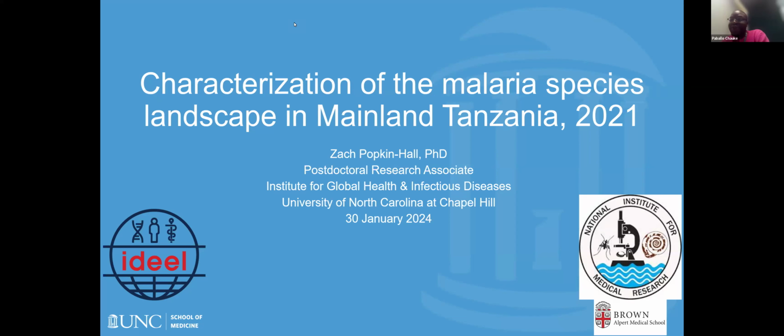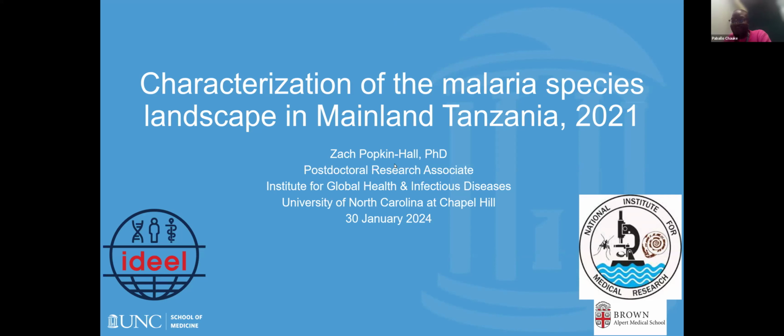We are excited to kick off the new year with a malaria parasite focused General Club with Dr. Zach Popkin-Hall, as you can see on the screen right now. The title of the talk is Characterization of the Malaria Species Landscape in Mainland Tanzania. The presentation is based on a recently published first author paper in the Journal of Infectious Diseases by Dr. Popkin-Hall et al.